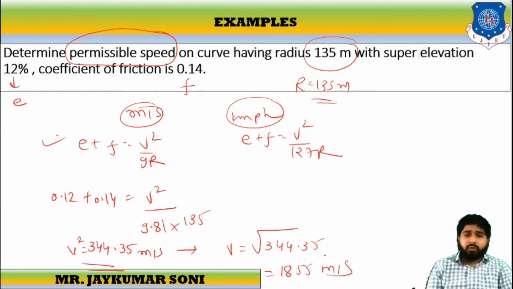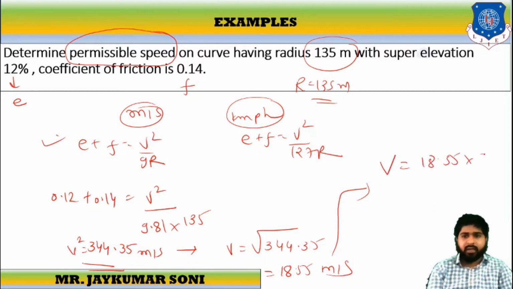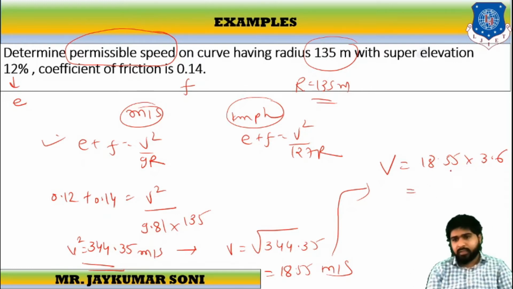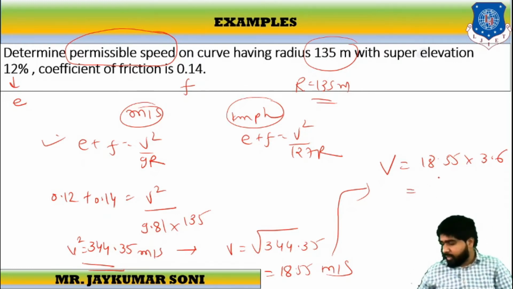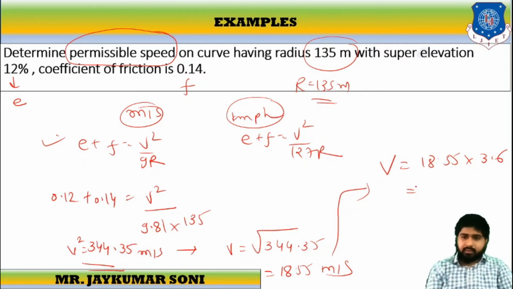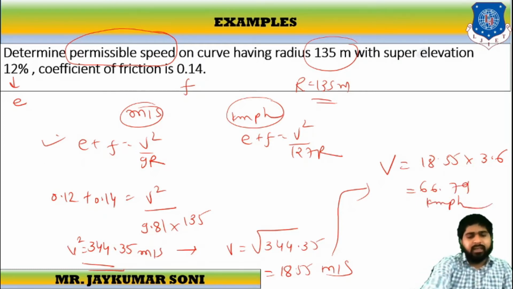If you want to get this value in kmph, then you have to multiply this meter per second by 3.6. 18.55 into 3.6 will be 66.79 kmph.